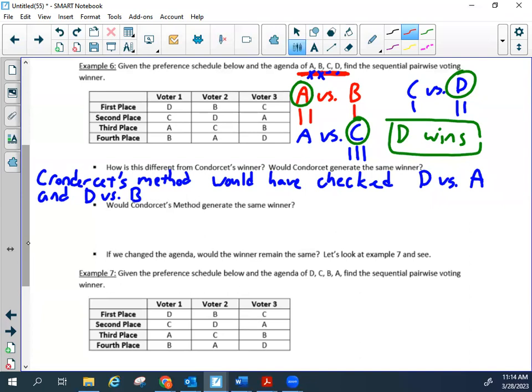So in the interest of time, I'm not going to go through the whole thing, but we would next put D versus A. D wins 2-1. Then I would do D versus B, and I would get B winning 2-1.